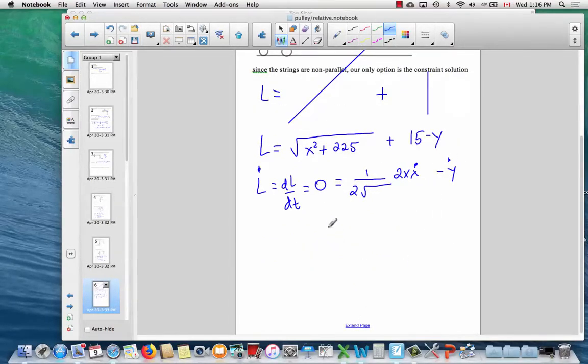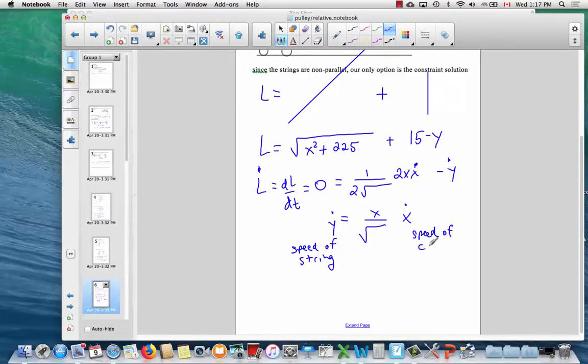So you bring the y dot over here, and then you cancel the 2's here. And the thing inside the square root is still the same, not changing. So y dot, that's the rate at which the string is getting closer to the ground, so it's the speed of the string. And x dot, that's the speed of the cart.